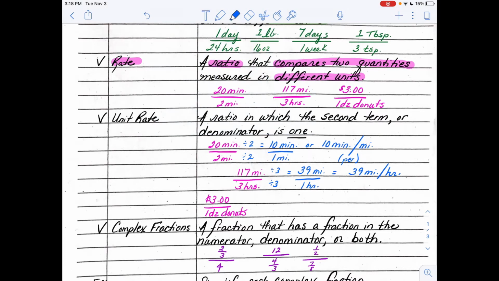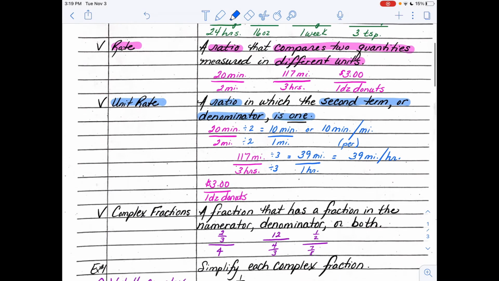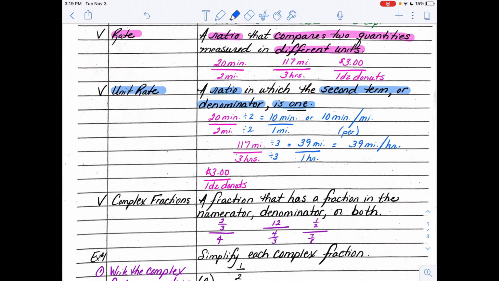Well, a unit rate is a ratio. Again, those 2 units cannot be the same, but it's where the second term or the denominator, the bottom, is 1. When we make it 1. So looking at those ratios above, like 20 minutes for 2 miles, I need to make that denominator here a 1.